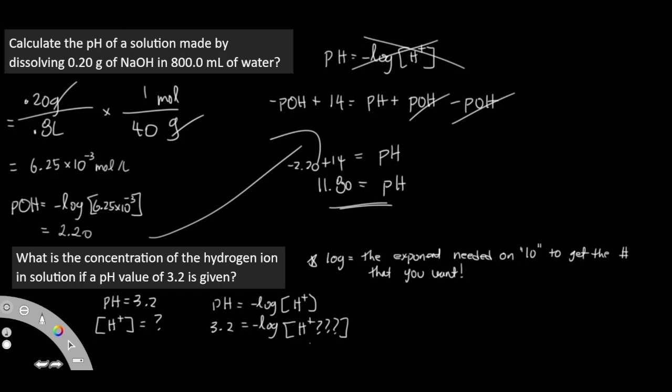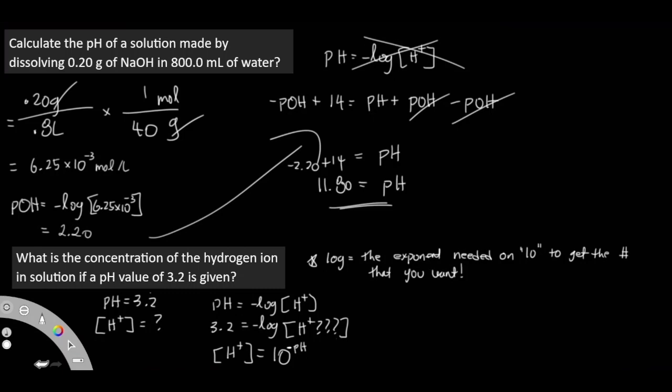What does this mean? Well, it means when you're trying to find the H+ concentration, as long as you get the 10 as the base and you put the pH on top and you get the antilog of that, which would be the negative value of that, you're going to get a negative pH, not the positive pH.